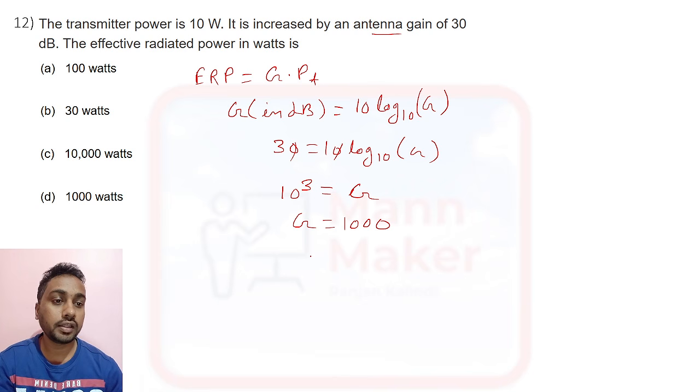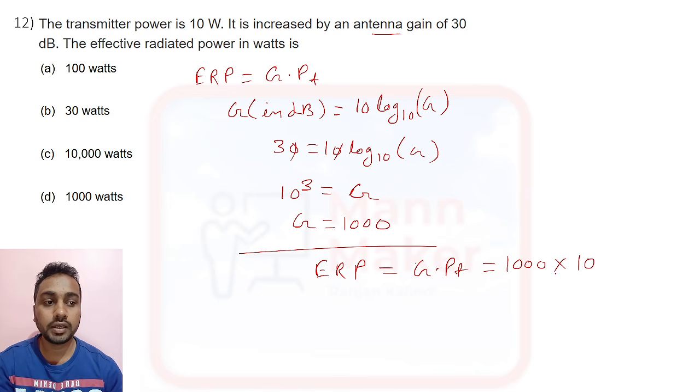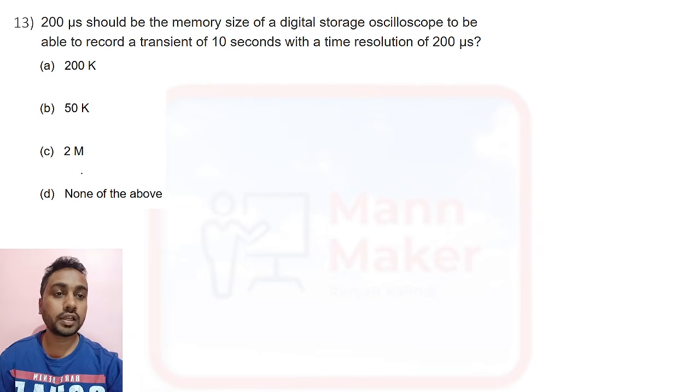Now we can find ERP. ERP, that is effective radiated power, is equal to G into PT. G is 1000 and PT is given 10, that is equal to 10,000 watt. Okay, this is your answer, option C. Like this you need to calculate.